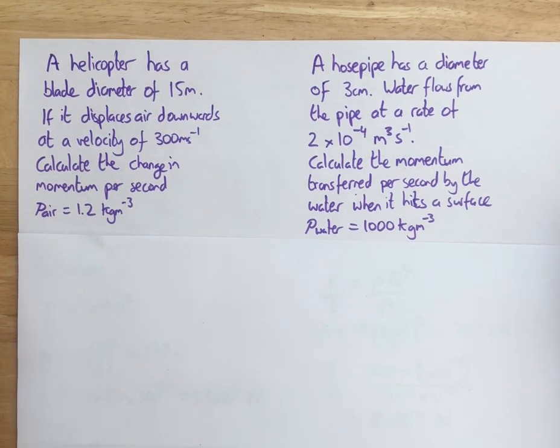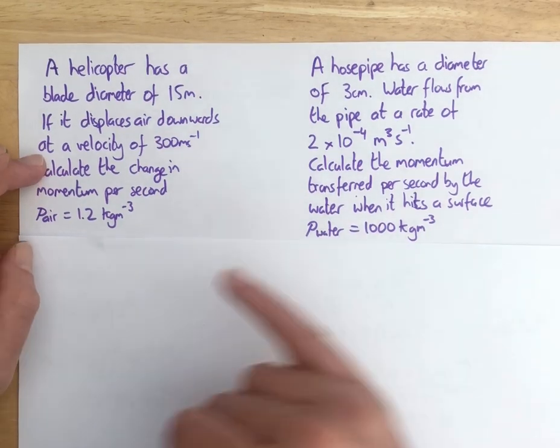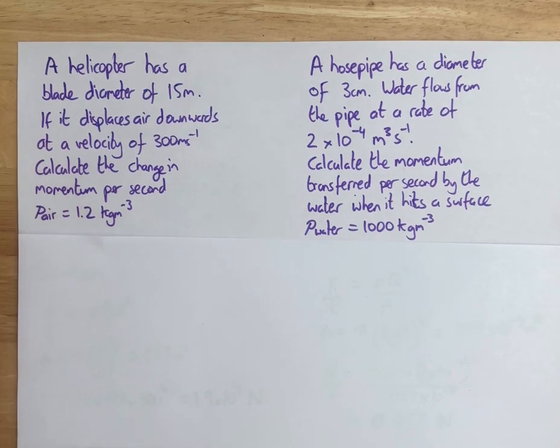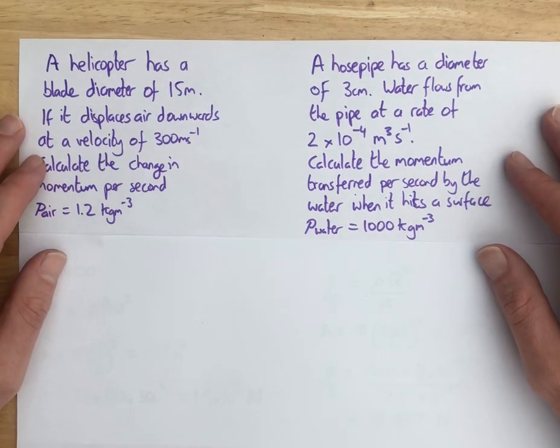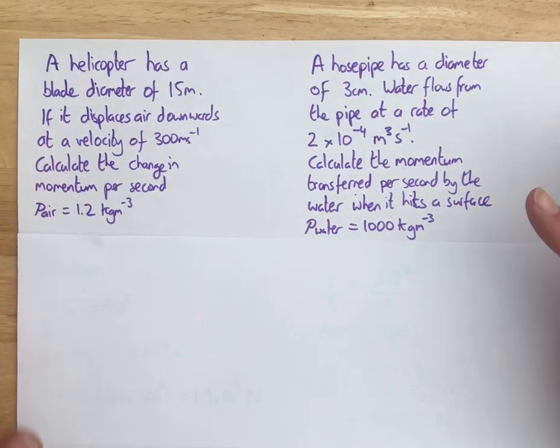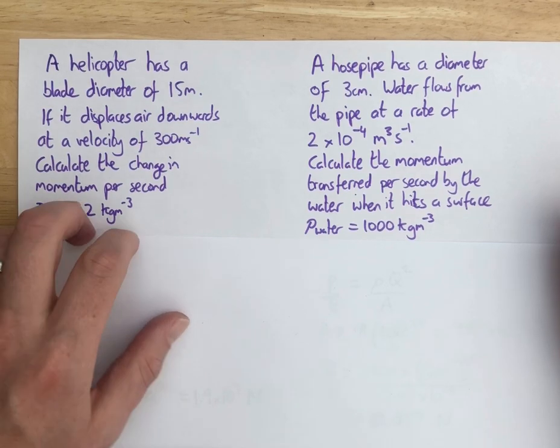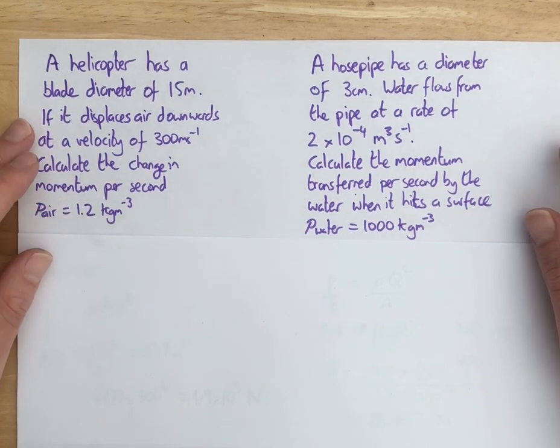Again, that would assume that it's hitting some sort of surface on the way down. Given the density of the air, 1.2 kilograms per meter cubed. Remember, the density of air will vary depending on atmospheric temperature and pressure, so it is actually a variable, and you've got to make sure that you use values that are quoted.